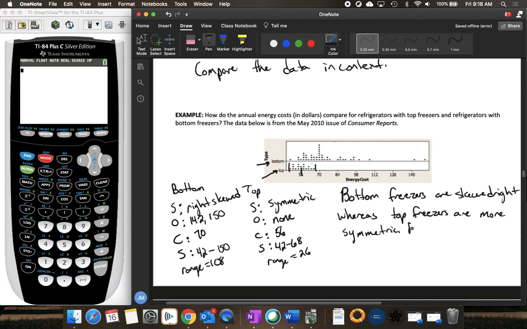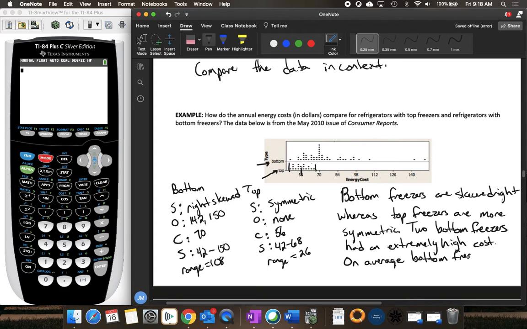For outliers, we'll say that there were two bottom freezers that had an extremely high cost. We'll also talk about centers. On average, it looks like bottom freezers cost more than top freezers do.